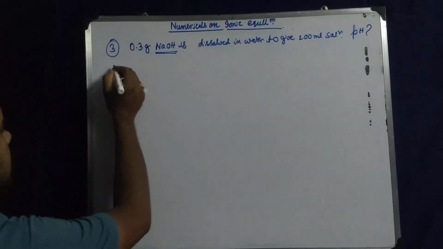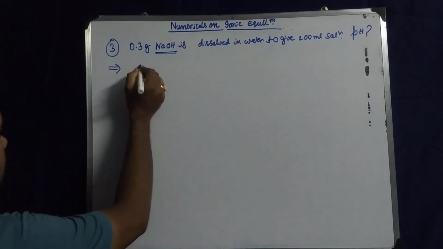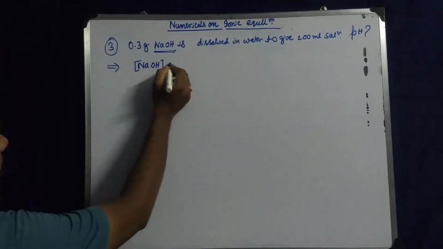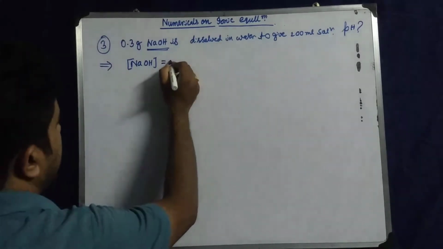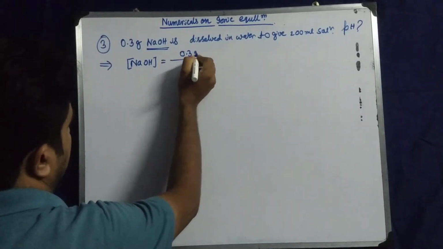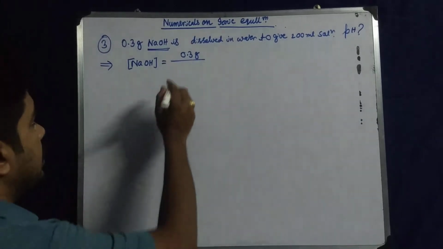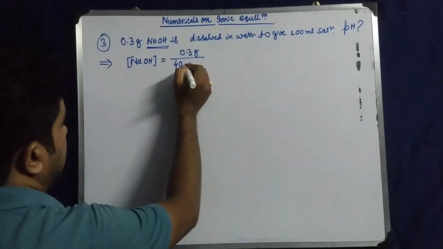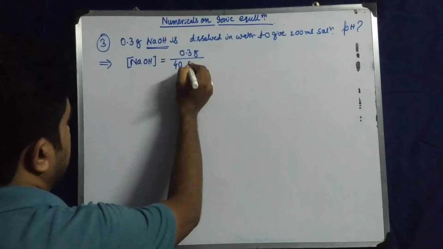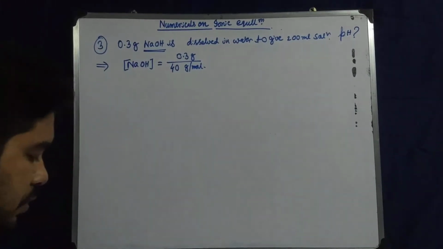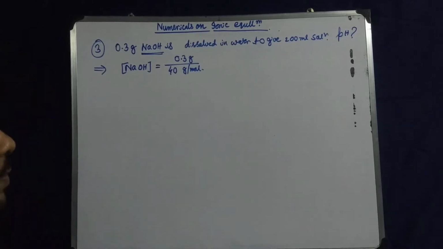Remember that for NaOH, the concentration of NaOH will be 0.3 gram per mole. We know that 40 gram per mole is the molecular weight of NaOH.